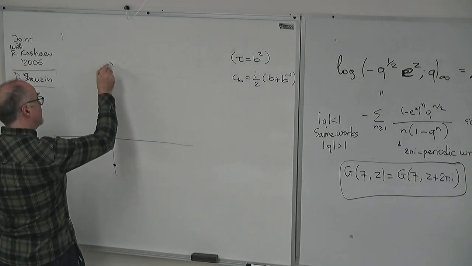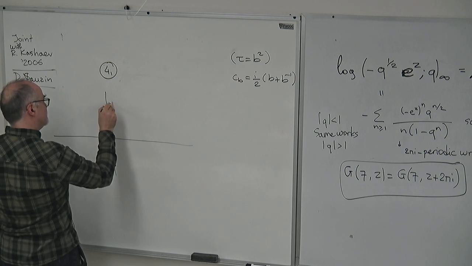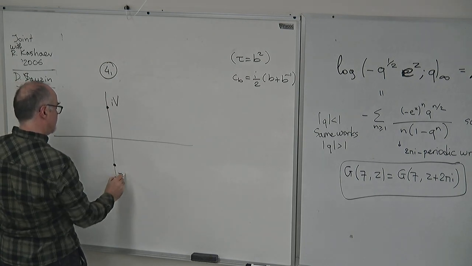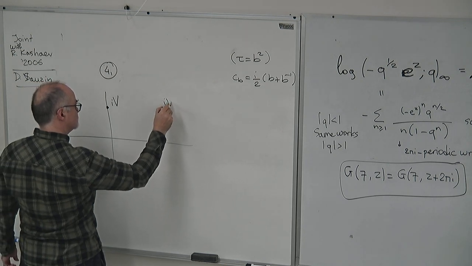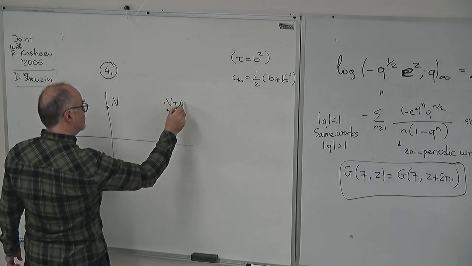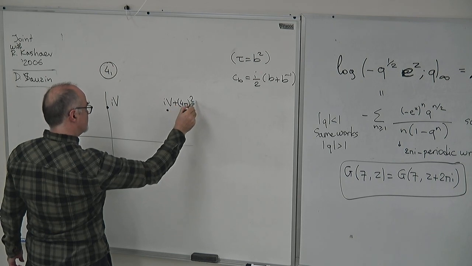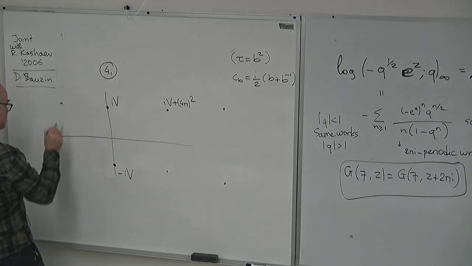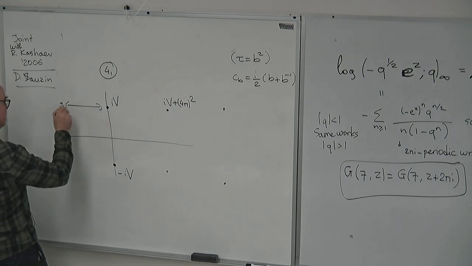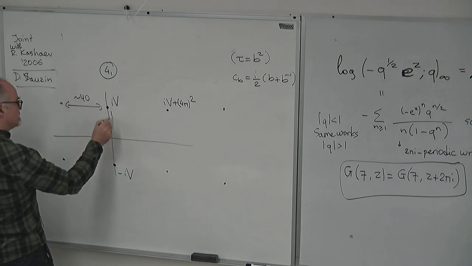So for the figure 8 knot, it has volume plus 4 pi squared. There is a lattice like this. Keep in mind that this is about 40 and this is about 2.